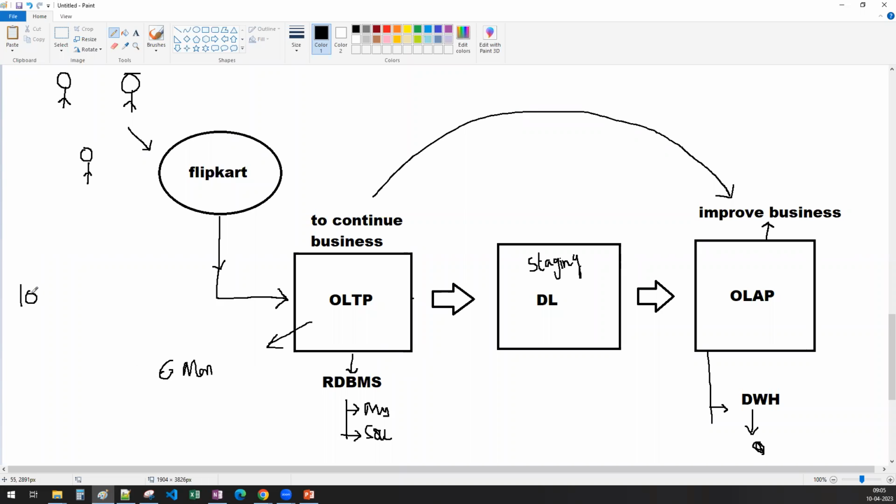If your company has been there for 10 years, the older data will be moved from the OLTP to the OLAP every 6 months. If they mention 3 months, the data becomes old every 3 months. Some people keep only 1 month, some only 1 week. According to the period, they move the data from the OLTP to the OLAP.